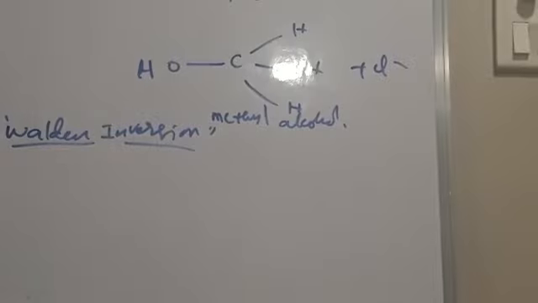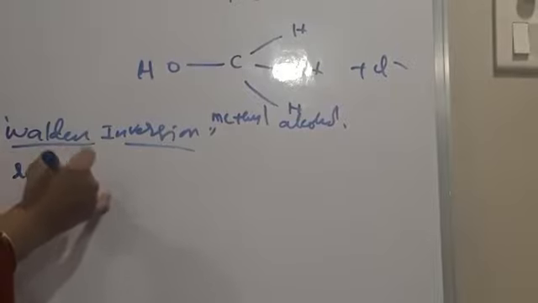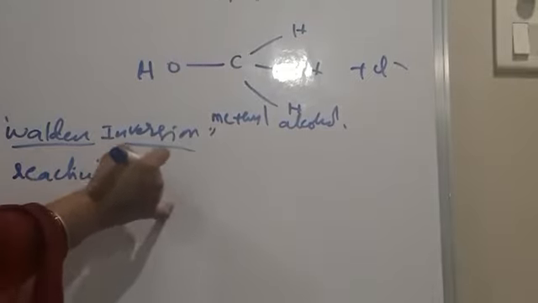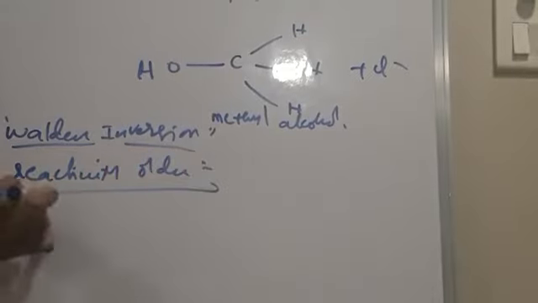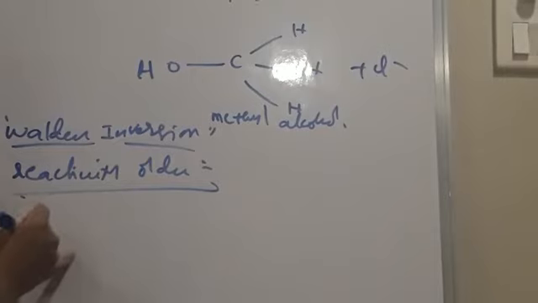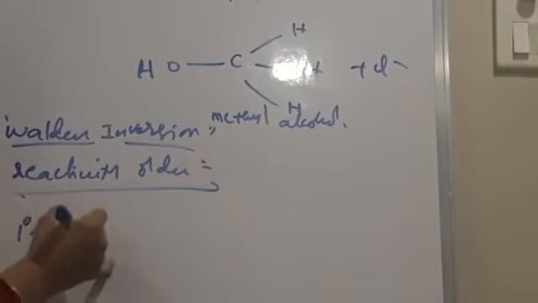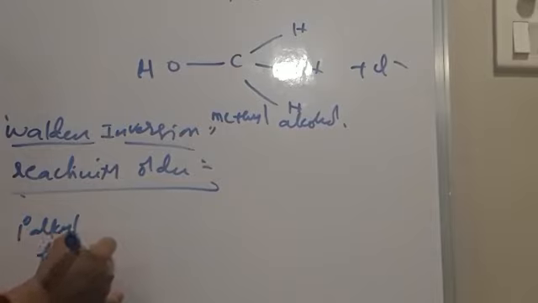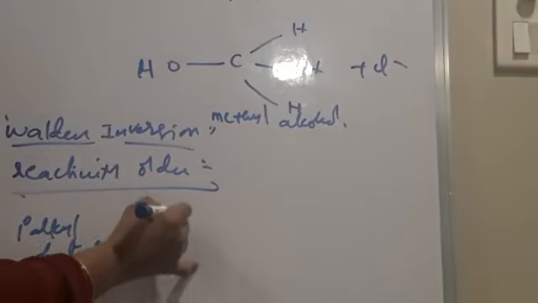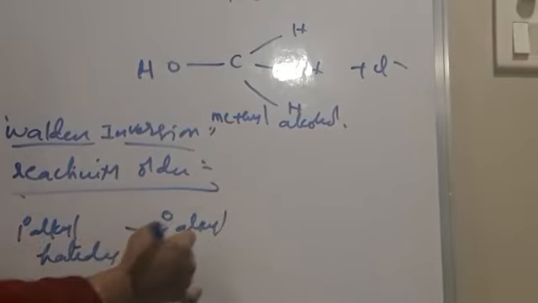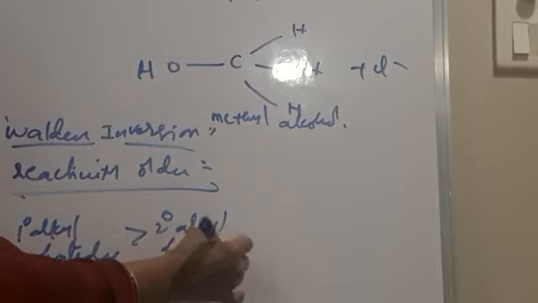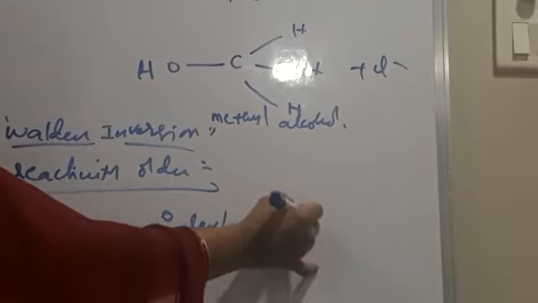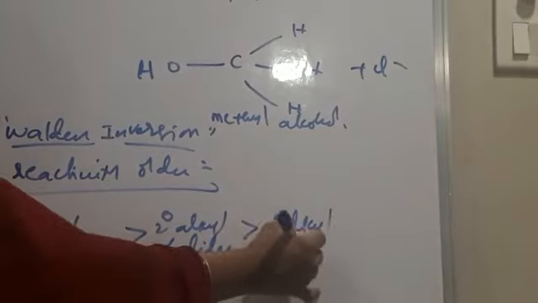Then coming to reactivity of alkyl halides towards SN2 reactions. In SN2 reactions, the reactivity order is like this: primary alkyl halides are greater than secondary alkyl halides, greater than tertiary alkyl halides.